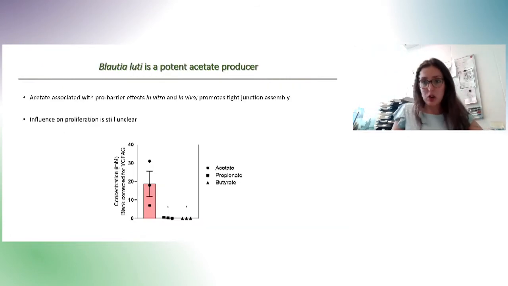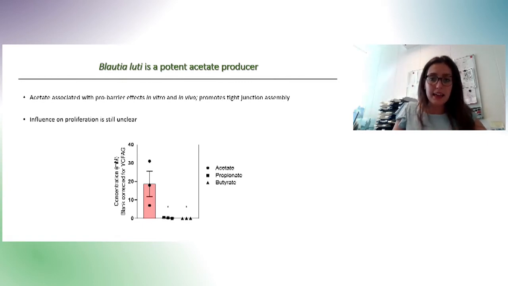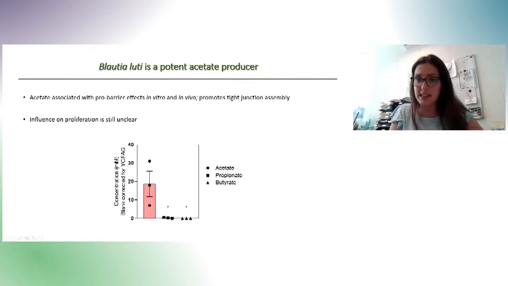We also wanted, of course, to characterize the short chain fatty acids composition in the Blautia supernatant. And as you can see here in this figure, Blautia supernatant had a high concentration of acetate when compared to propionate and butyrate.